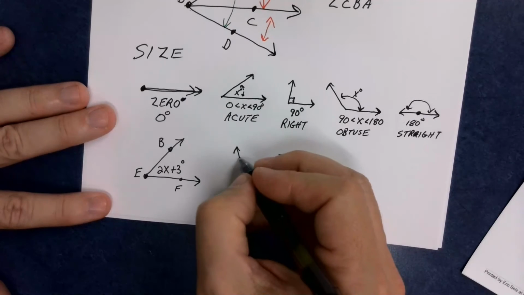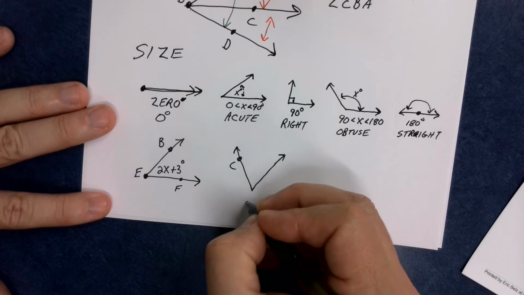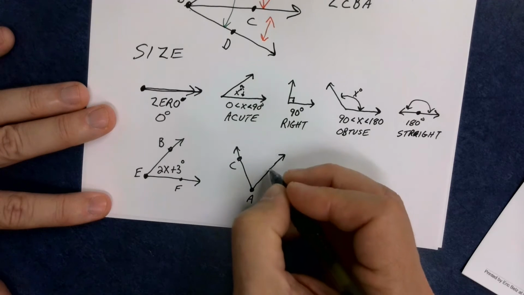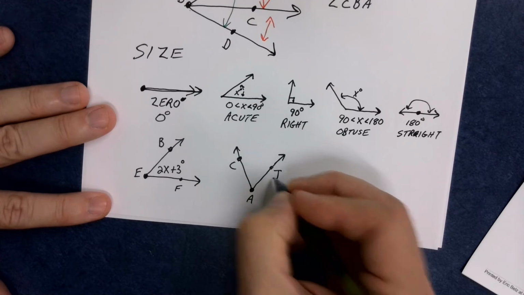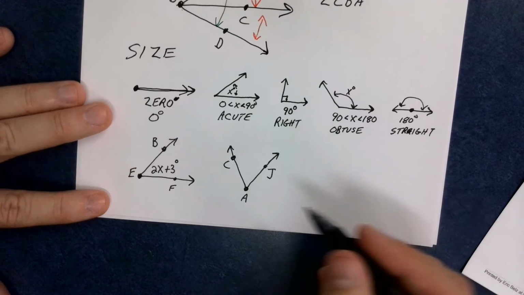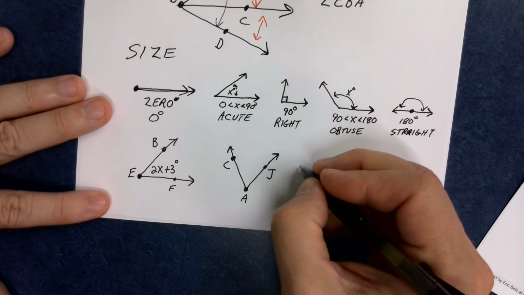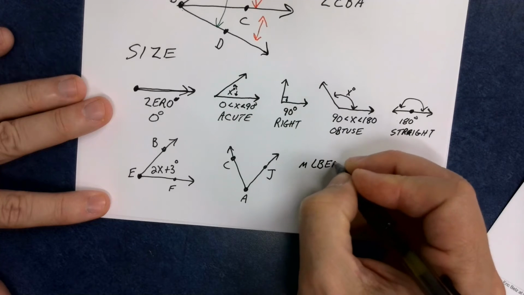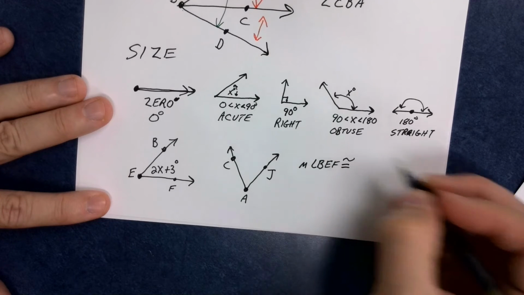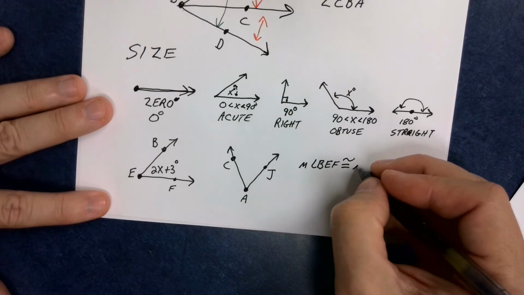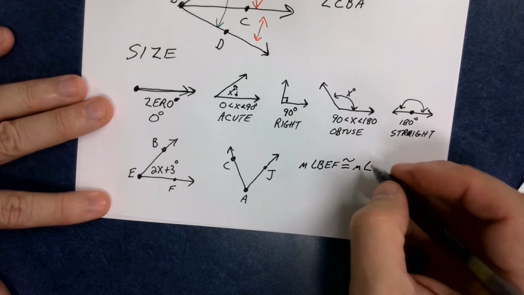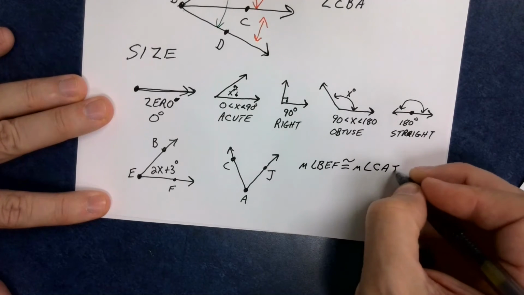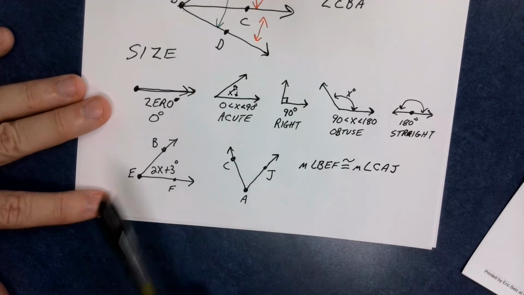And this is angle CAJ. And I told you that the measure of angle BEF was congruent to the measure of angle CAJ. That means that both these two things are the exact same size.